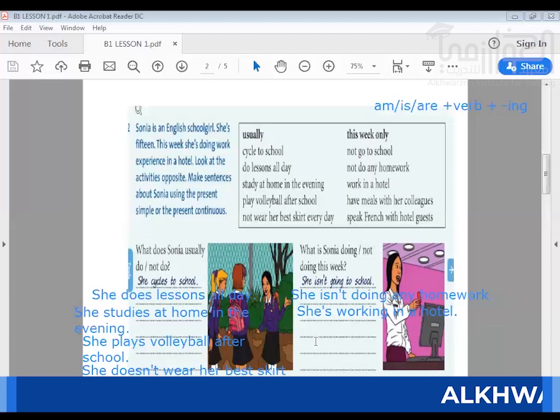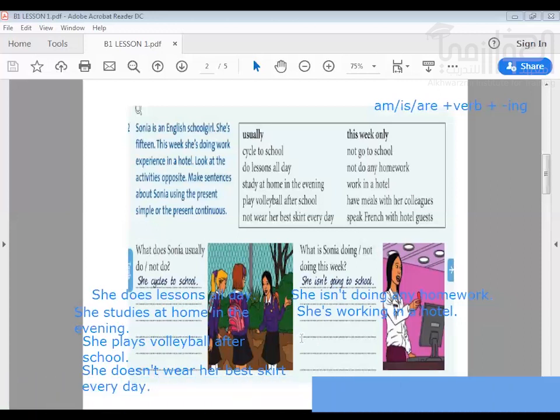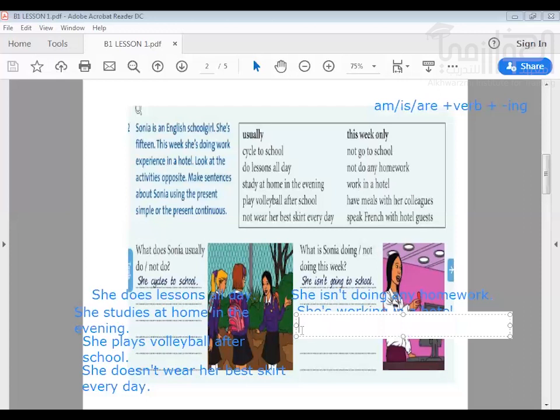Now we have the next, have meals with her colleagues. Now, what you can do is, before you answer any of these, you can pause the recording, and then write your answer before you look at the answer we are writing here. So we have the next, having meals. So this will be what?